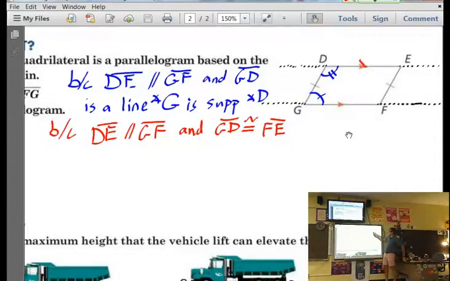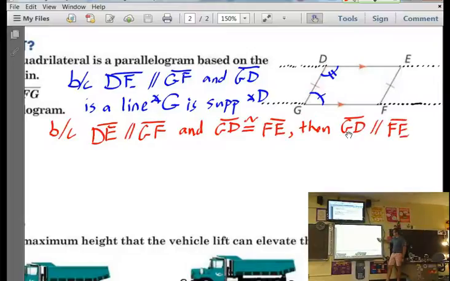Because these top lines are parallel and GD is congruent to EF, remember we said if one was shorter or longer, that would prove that they aren't parallel. So the converse of that is if they are congruent, they are parallel. So, based off those two relationships, GD must be parallel to FE.